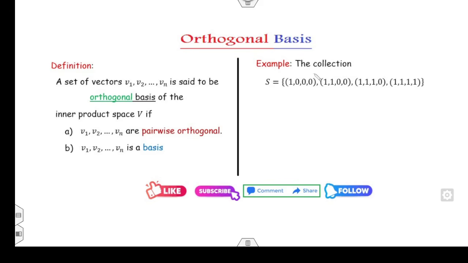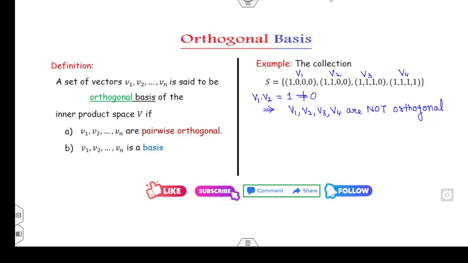Look at the second example. If I consider this set S as V1, V2, V3, V4, check whether they are orthogonal or orthonormal. What is V1 dot V2? 1 plus 0 plus 0 plus 0, which is non-zero. So what does it mean? That means the set consisting of V1, V2, V3 and V4 is not orthogonal.